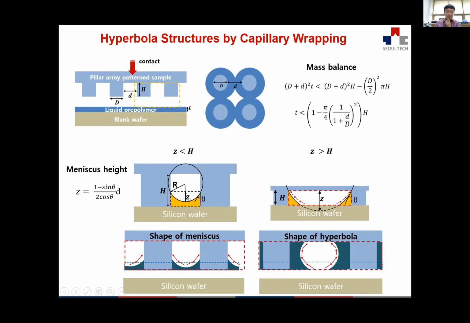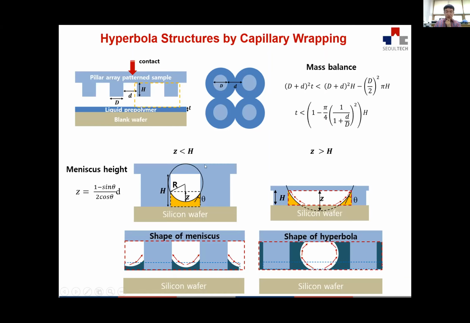We define the meniscus height Z as shown in this figure, and Z can be obtained from the contact angle and the distance between the pillars. If the meniscus height Z is lower than the pillar height, the meniscus is formed like this, and when we detach this structure from the silicon wafer substrate, we get the connected structure.